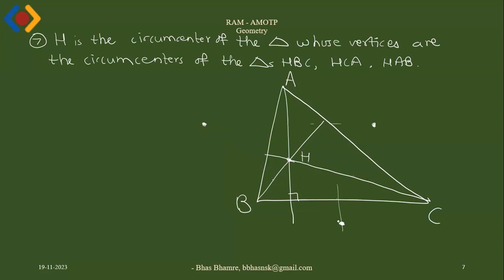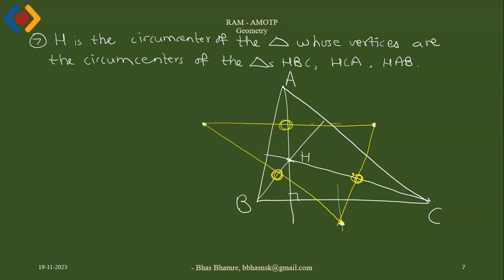Now we need to show that H is the circumcenter of this triangle, where these points are the circumcenters of HBC, HCA, and HAB respectively. You can see that it wanders around the midpoint of AH, midpoint of BH, midpoint of CH.